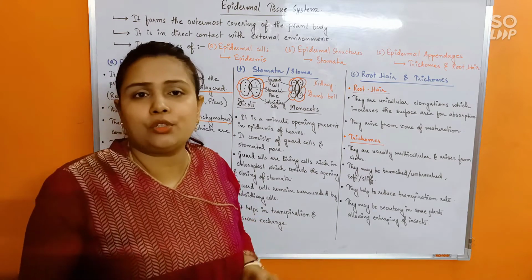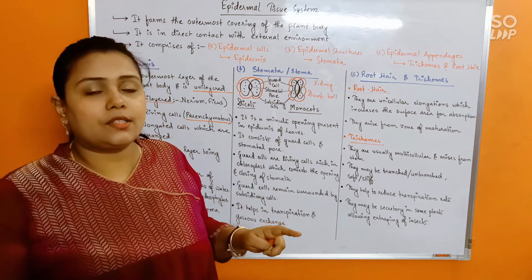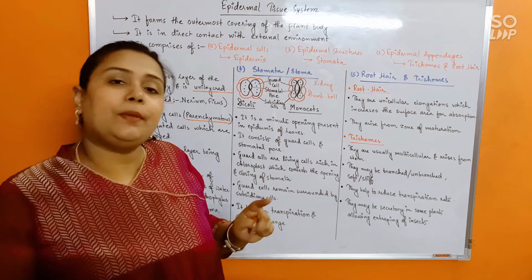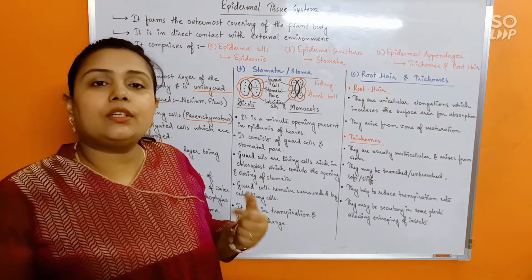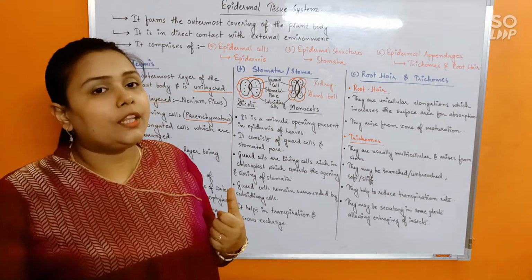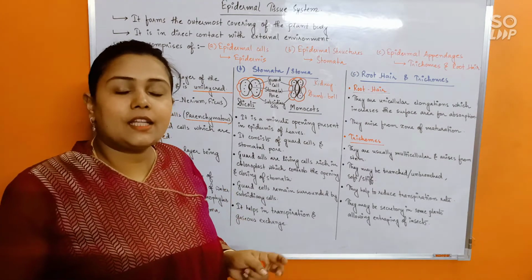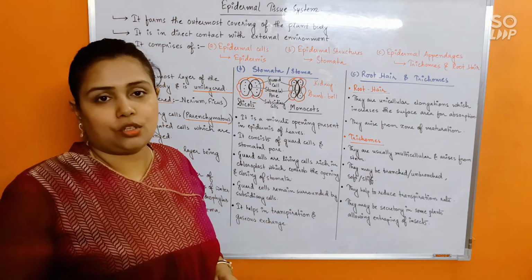That's the simple rule you should remember. If water enters the guard cells, the stomata will be open, and in case water runs out of the guard cells, making them flaccid or shrunken, then stomata would close. Is that clear? It's a very, very important thing you should remember.